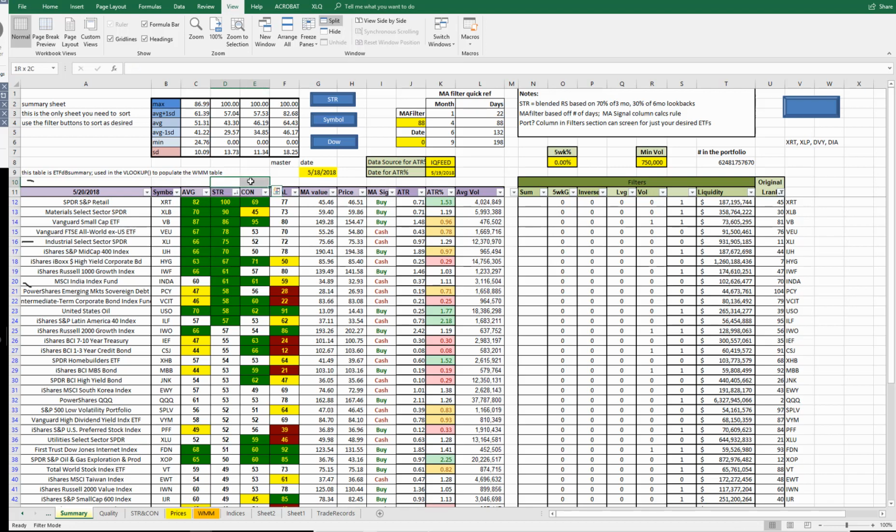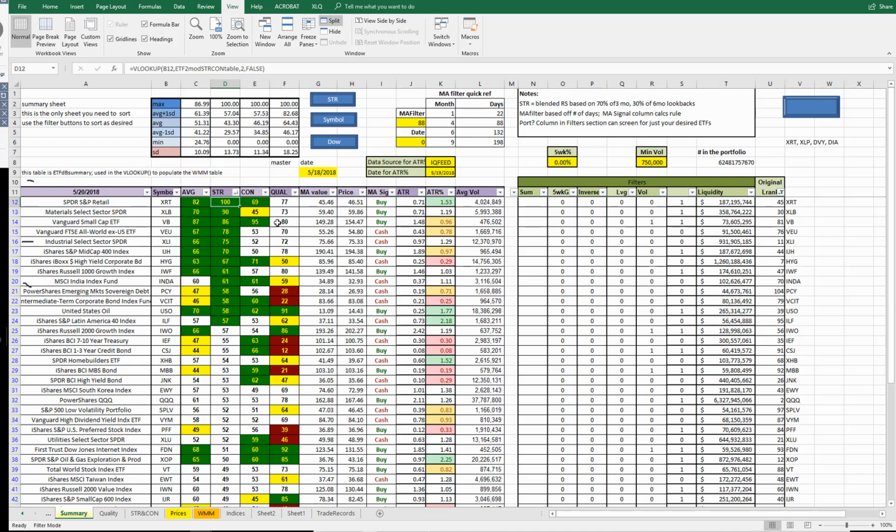The strength is the blended 3-month and 6-month momentum that we use for the blended monthly rebalancing. That's how we compute the strength rating. Only what we do is we take the regular score and then we convert all of the members of the database into a scale of 0 to 100. So in this case, the Spider for retail, XRT, scores at 100.